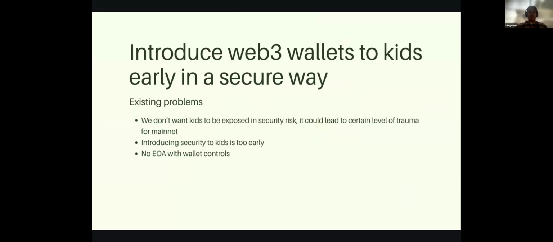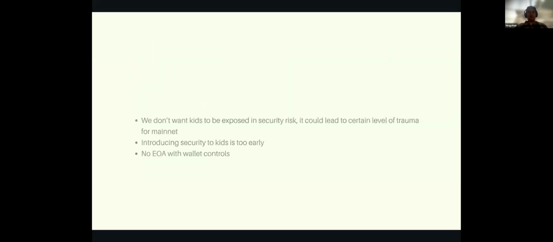Also, currently there is no way for an EOA to have wallet controls unless you are using a custodial wallet, which is possible. But for self-custody, I think there is no way to have the control.